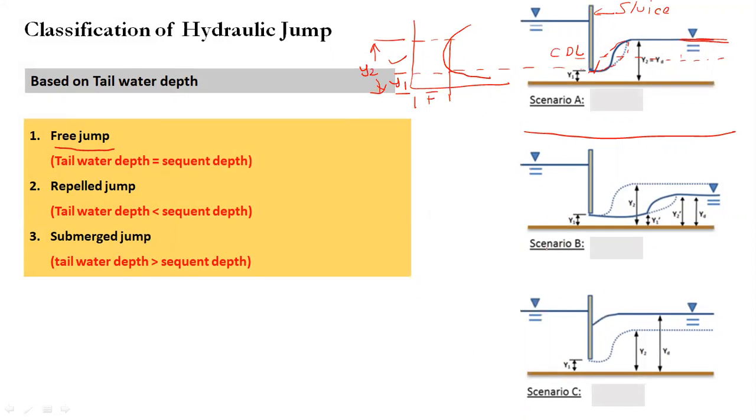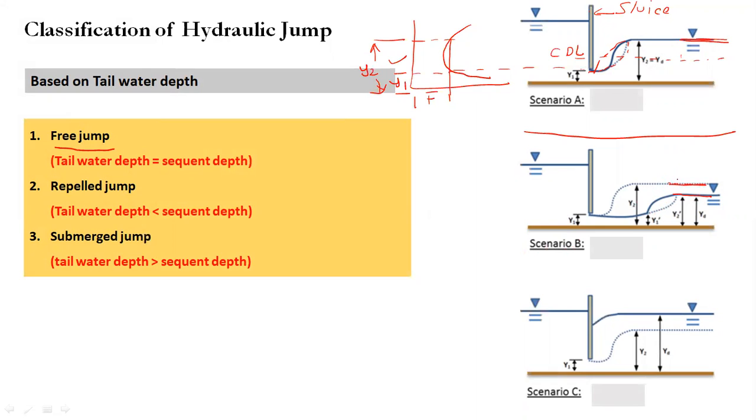But if you see scenario B, what is happening? The tail water depth can either be less than the sequent depth or greater than the sequent depth. Suppose the available water depth is less than the sequent depth. Sequent depth is here, y2.